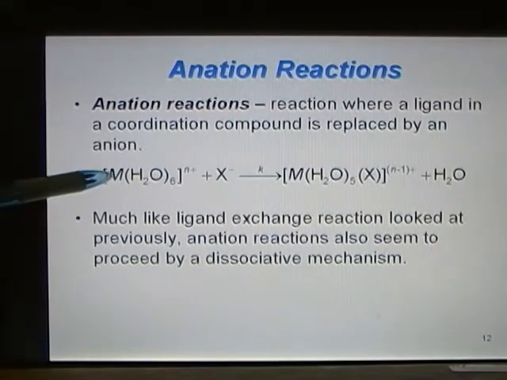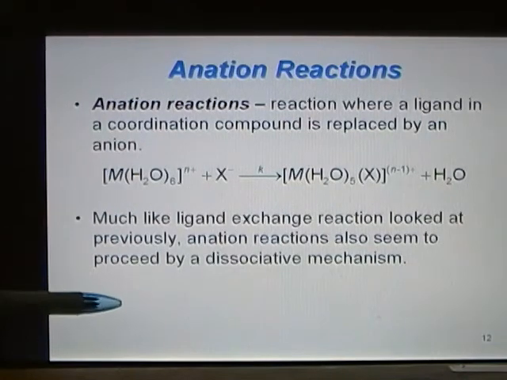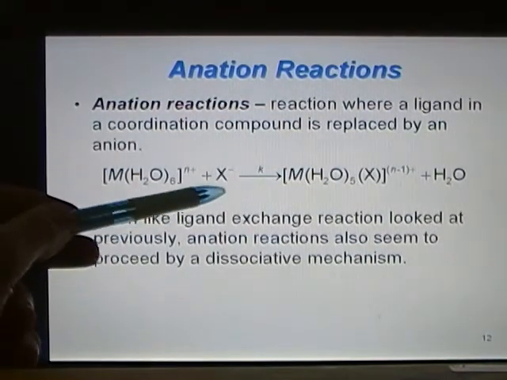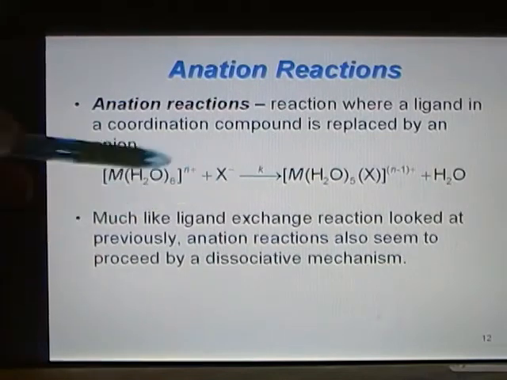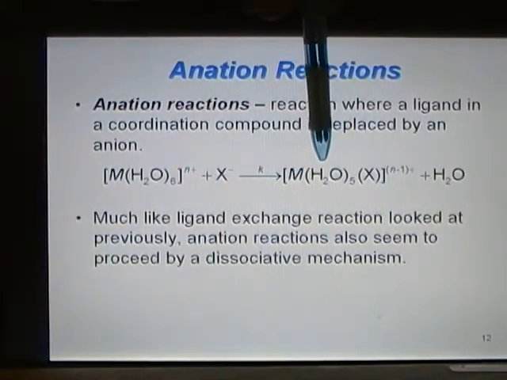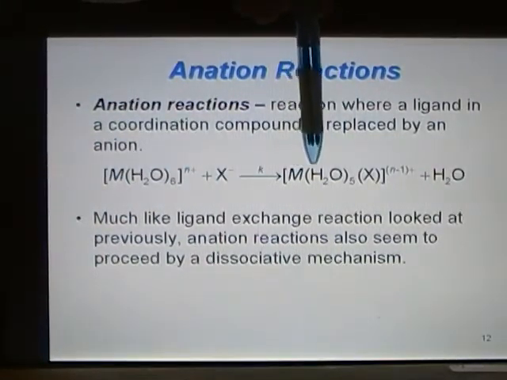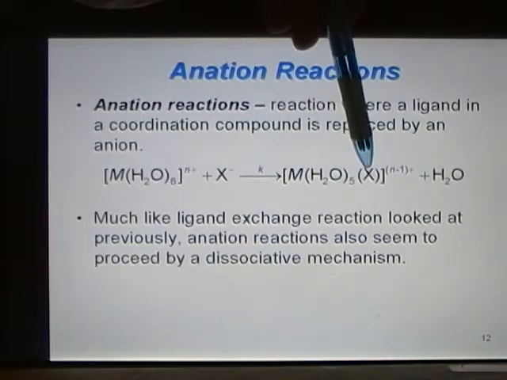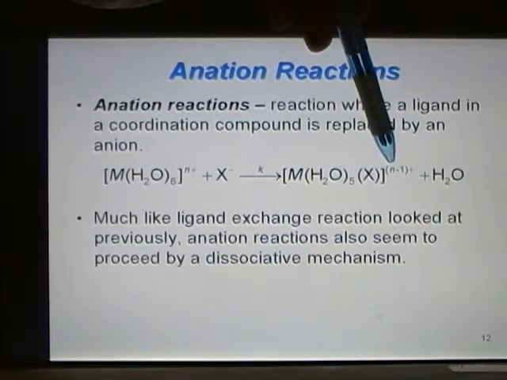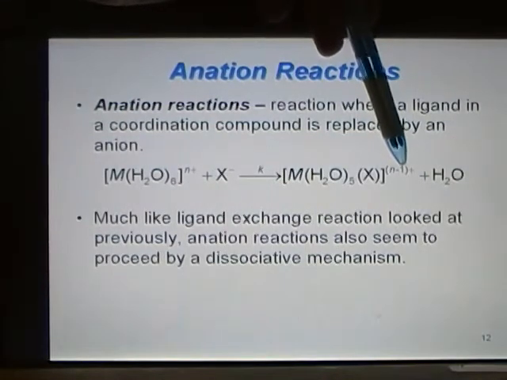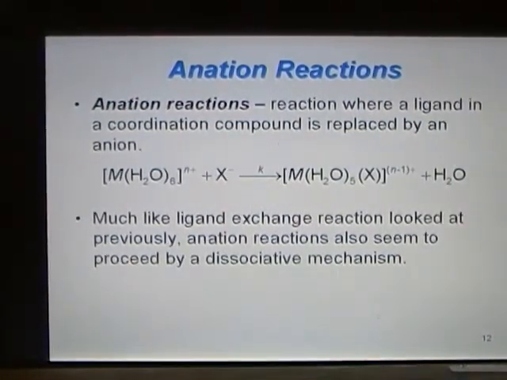For example, if we take a coordination compound that has 6 water ligands and react it with an anion, X-, the resulting coordination compound would be M(H2O)5X. The charge on the complex cation must be reduced by 1, and you must have a water that is no longer bonded to the metal.